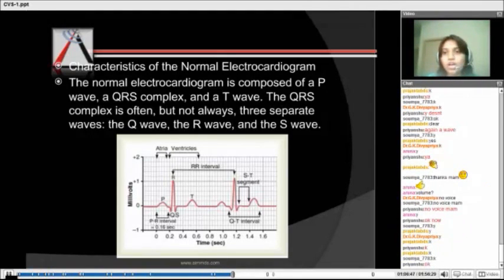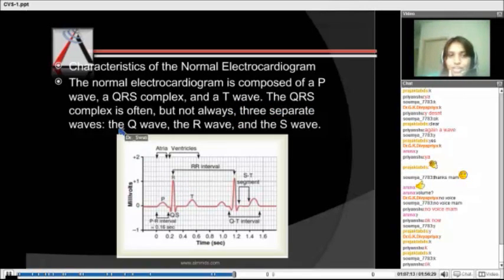Okay, when we record a normal ECG wave, what we get is a P wave. Just notice in this diagram over here, this is the P wave. Then we get a QRS complex, this peak, this is a QRS complex. Then we get a T wave, right?